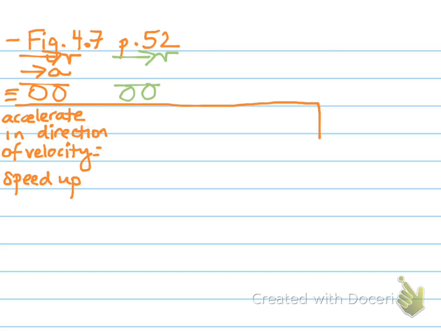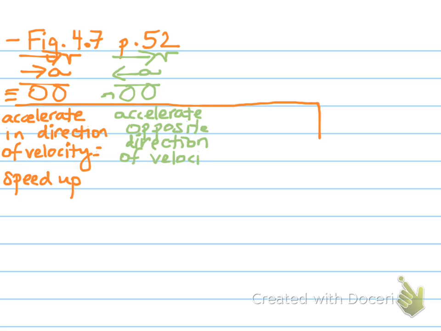Its velocity is to the right, so it's still moving to the right, but the acceleration is to the left. Okay. So now we accelerate opposite the direction of our velocity. Which means, okay, that the car is slowing down.